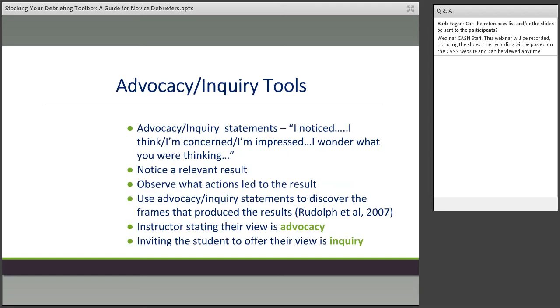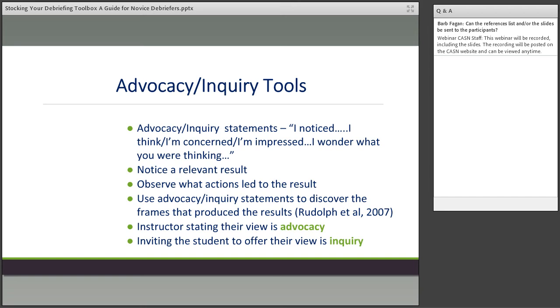And one method of questioning, and this comes from the Debriefing with Good Judgment, is called Advocacy Inquiry. This is an excellent form of questioning in any of the structures of debriefing. And it's I saw, I think, I wondered.